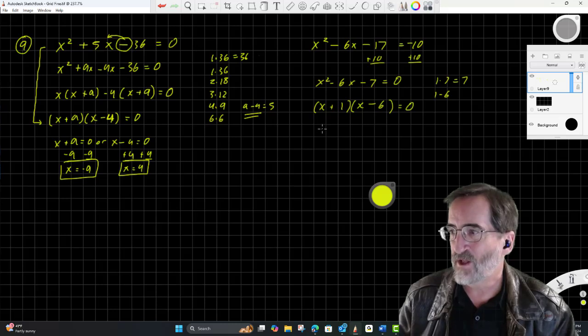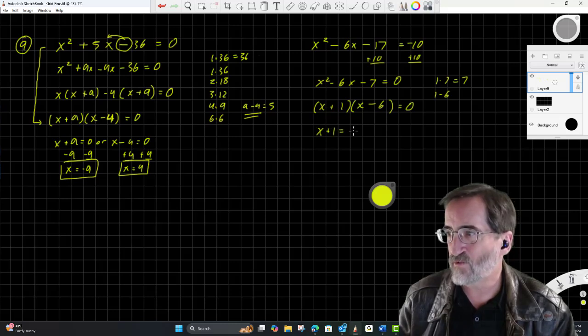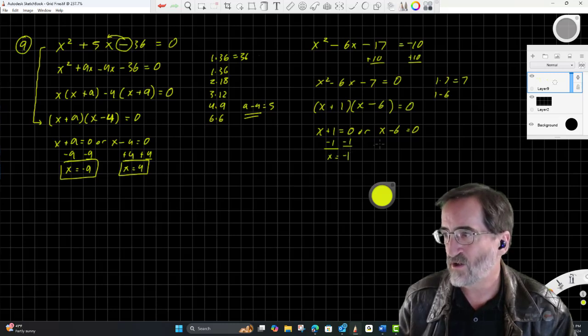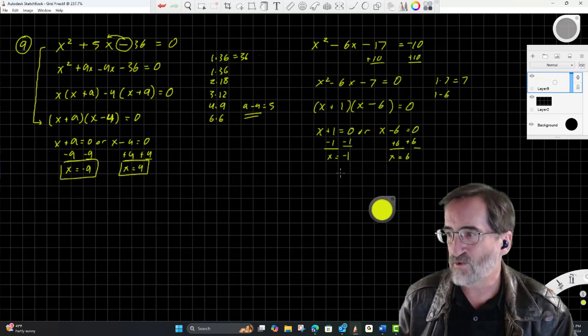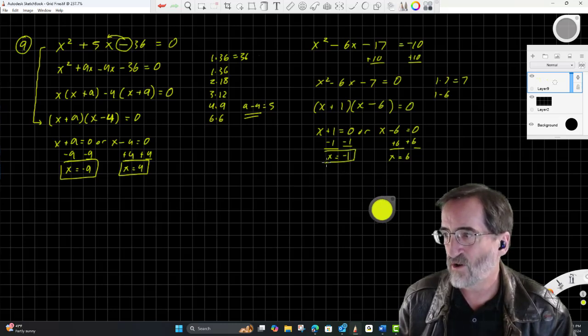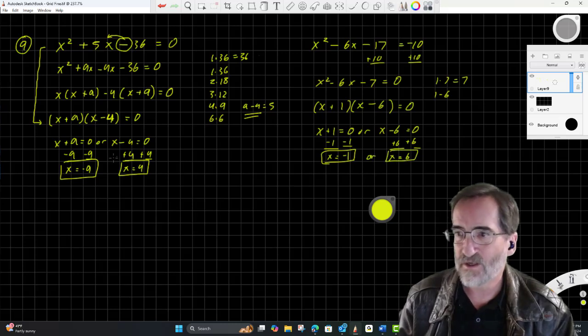Okay, and so either x plus 1 equals 0 or x minus 6 equals 0. Subtract 1 from both sides, x equals negative 1, or add 6 to both sides, and x equals 6. So x equals negative 1, or x equals 6.